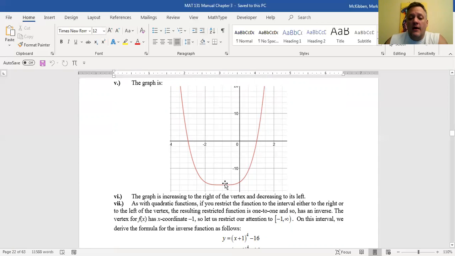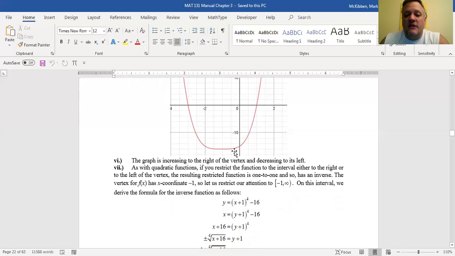And so for the purposes of finding an inverse, if I restrict my attention to the right of negative 1, so I forget about this part of the graph, then that function is 1-to-1. The restricted function is 1-to-1 in that interval, and so it has an inverse, right? That'll give me the positive root that I want. The other side would give me the negative one, all right?